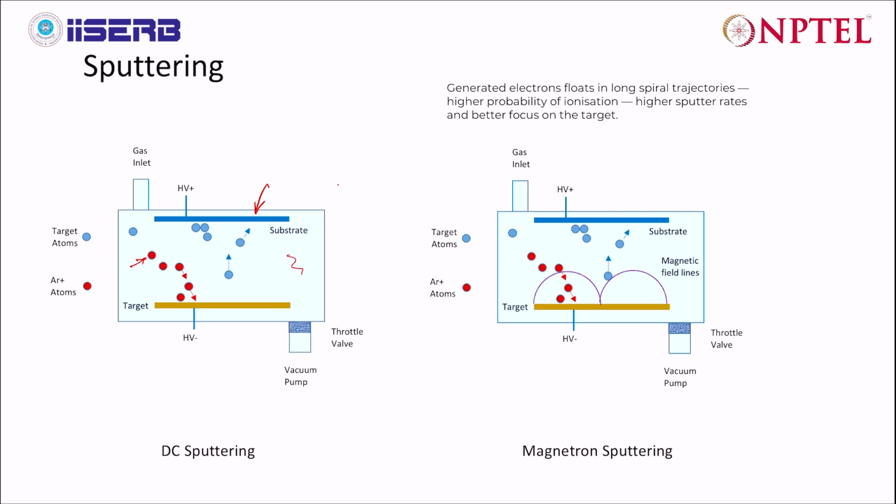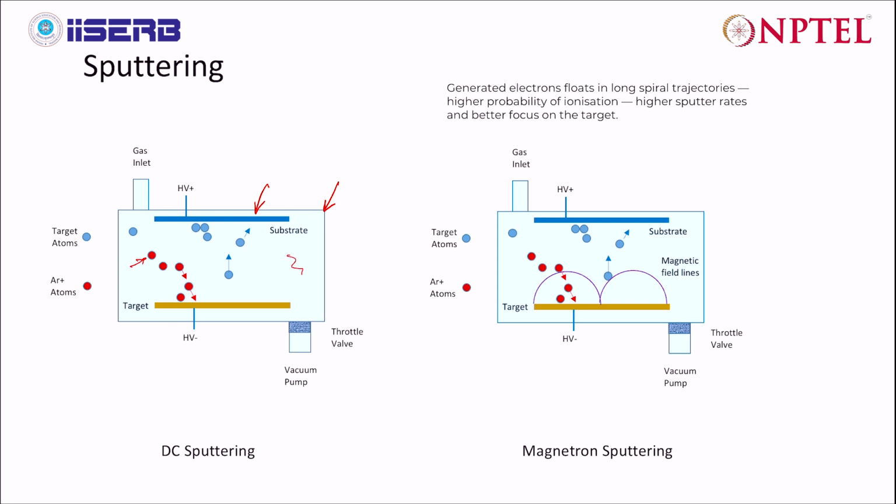Now in this case, you can apply a high DC voltage in order to create the plasma inside the chamber, and then that plasma will interact with the target, and then materials will get deposited.